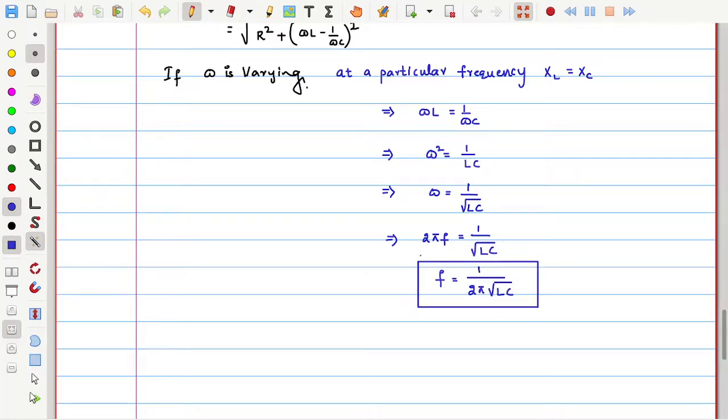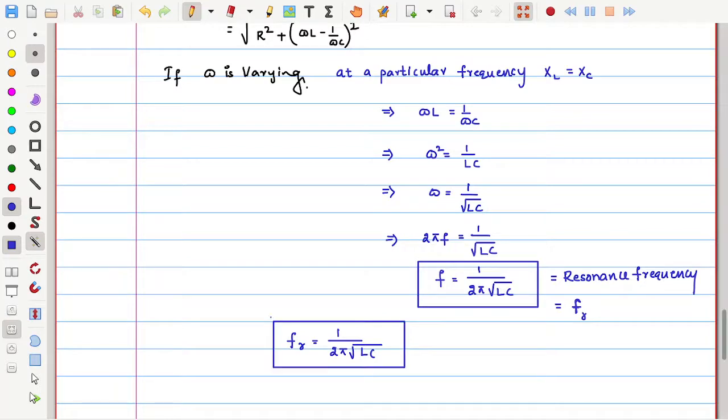This F we call the resonance frequency, which is usually represented by F suffix R. So the resonance frequency F_R is equal to 1 by 2 pi square root of LC.